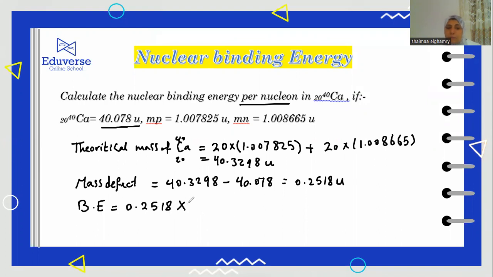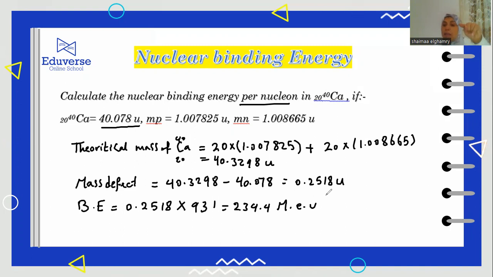Times 931. We are calculating energy, so we are using the second Einstein equation. So I'm going to use my calculator, times 931 equals 234.4 what? Million electron volts.